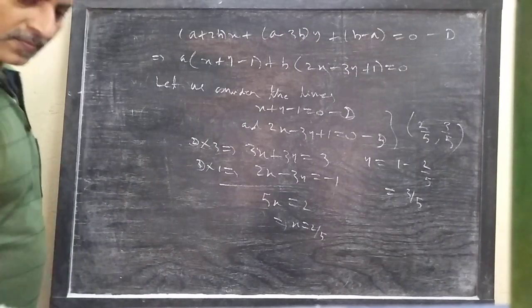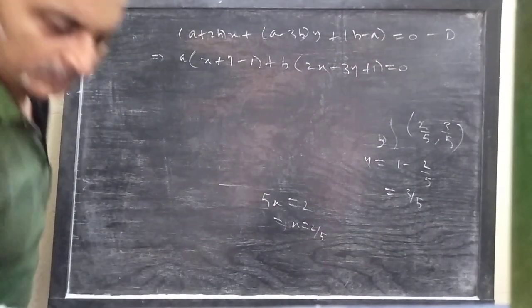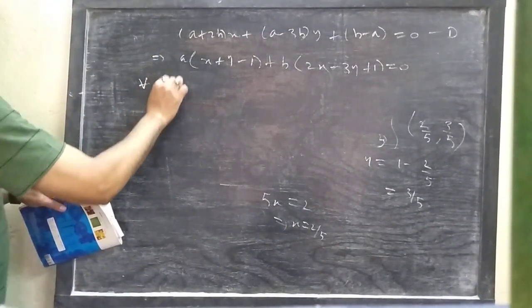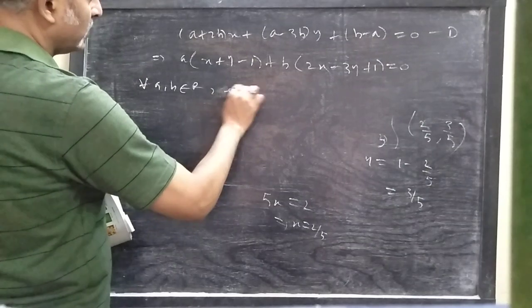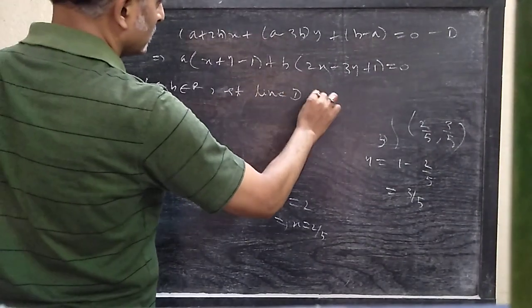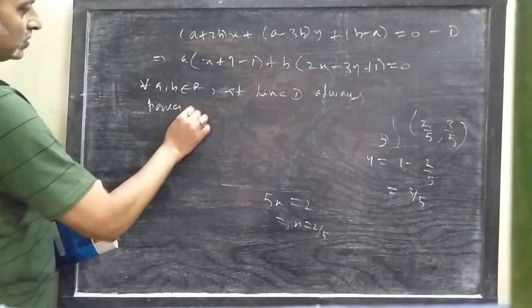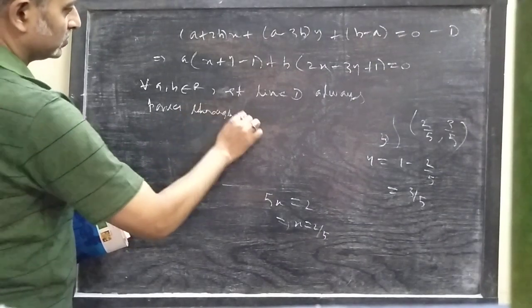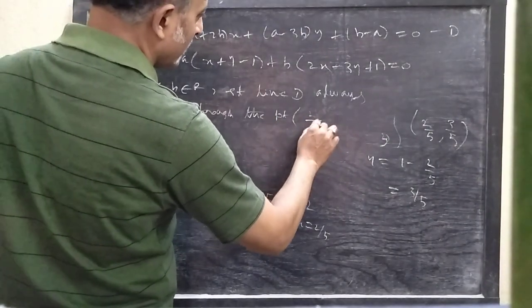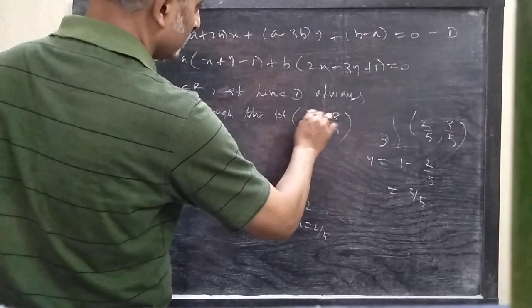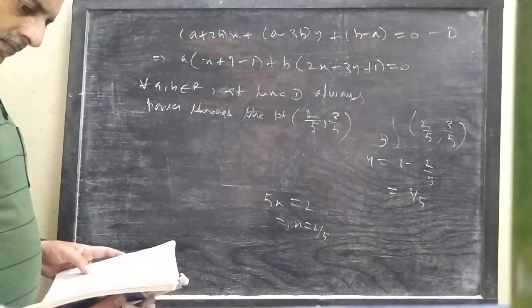So we can say for all real values of a and b, straight line 1 always passes through the point (2/5, 3/5). They have asked this.